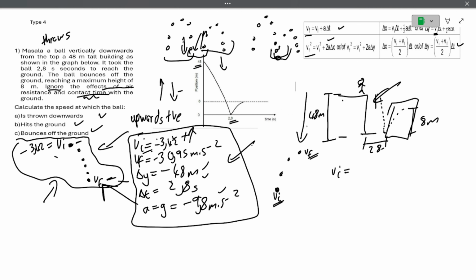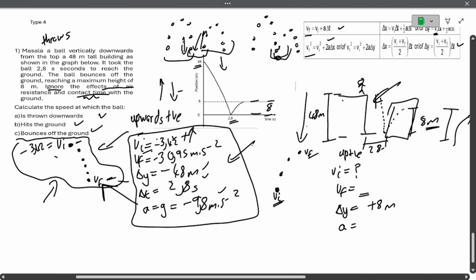V initial, we are looking for it, and then V final is the one that we are going to spot in the information, and then change in Y. They told us that it reaches a maximum height of 8 meters in a second bounce, which is also this 8 meters here. And it reaches it going up, where we said up is positive, but it doesn't matter whether you write it or not. And then the gravitational acceleration is always downwards, which is negative 9.8 meters per second squared. And that's what we have.